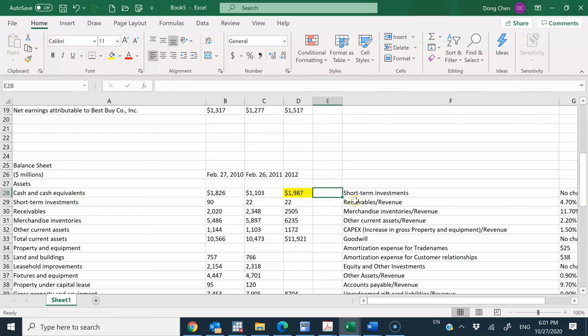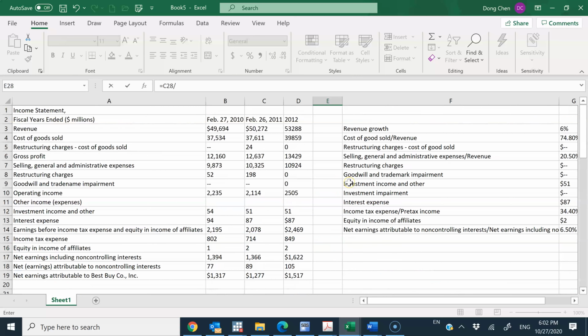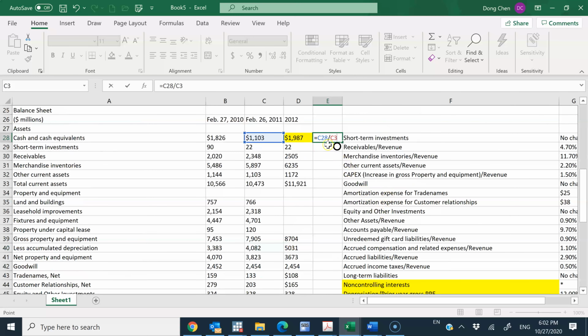And then how do we calculate the normal cash balance? That's basically by assuming that the cash balance will stay as a constant percent of the sales. So we can get the normal level by first calculating that fraction, right? The current fraction of cash to sales, we can calculate that amount here. So that gives the current percent of cash to sales.